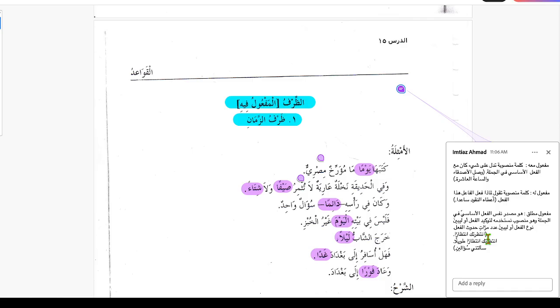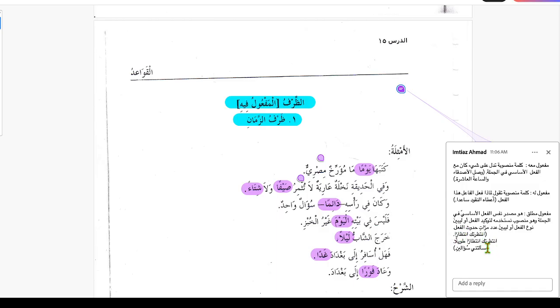For example, if we say intazartuka intazaran, I waited for you. So intazaran here is the masdar, which is maf'ul mutlaq, the masdar of the same verb that is used here, intazara. And this is emphasis on the verb, like if we say intazartuka intazaran, I really waited for you. So this intazaran was used to make an emphasis on the verb.